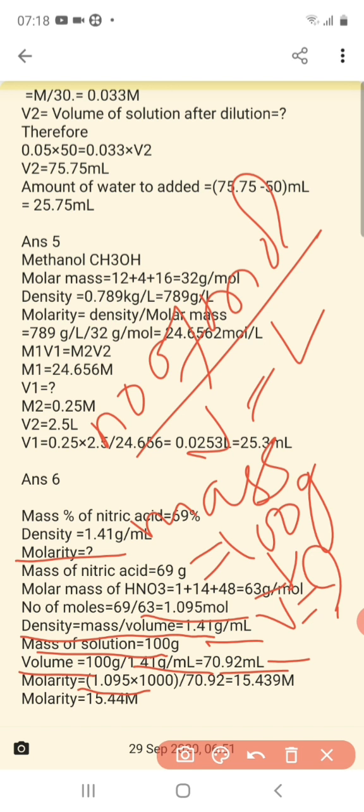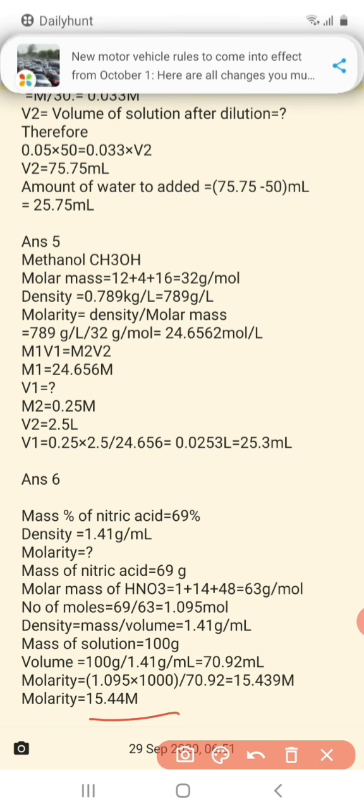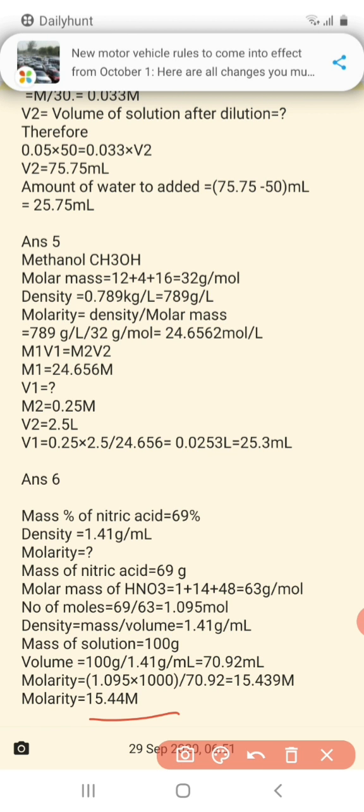So 1000 goes into the numerator, and number of moles multiplied by 1000 divided by volume of solution in ml gives the molarity of the solution as 15.439 molar. On solving, we get the molarity of the solution equal to 15.44 molar. This is the overall way through which we solve such type of questions.